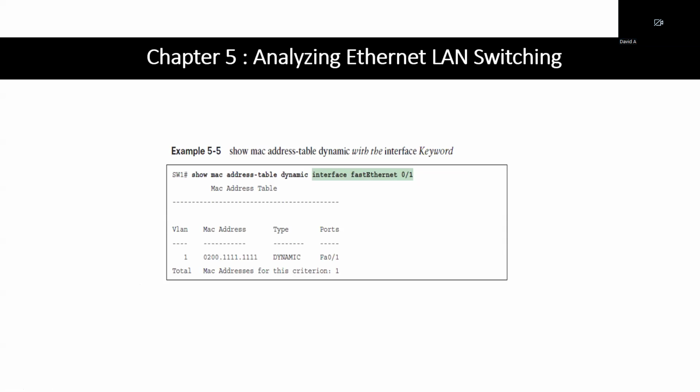Now, there's another way. We can do show mac address-table dynamic interface FastEthernet 0/1. When would this come in handy? Let's say we have a switch and also an AP plugged into the switch, and multiple hosts connected to this AP via wireless.